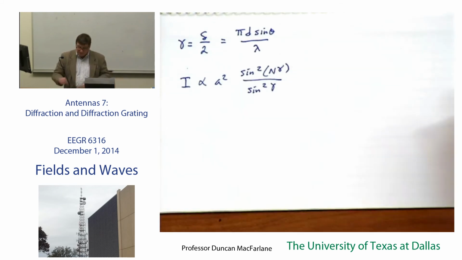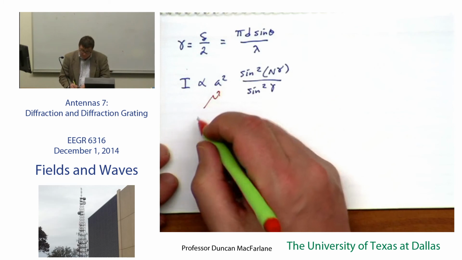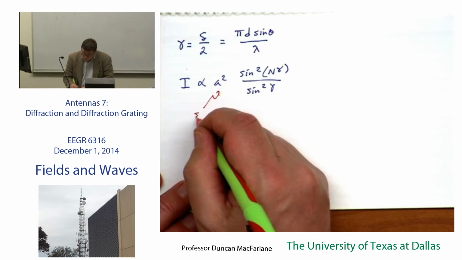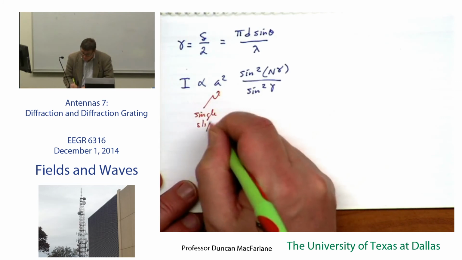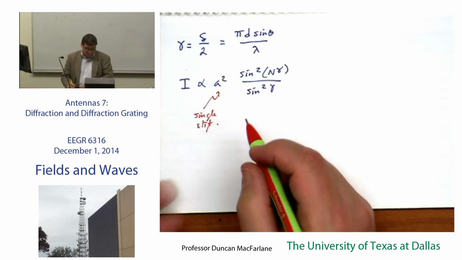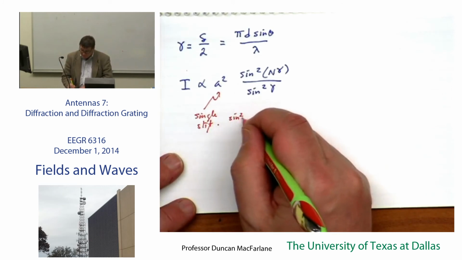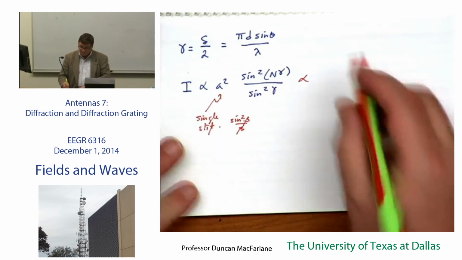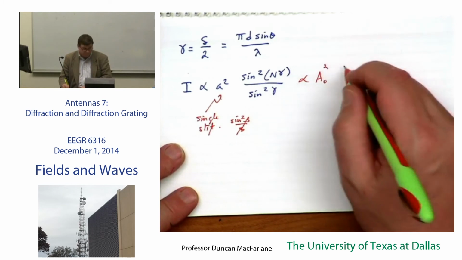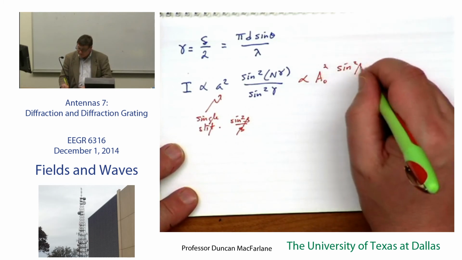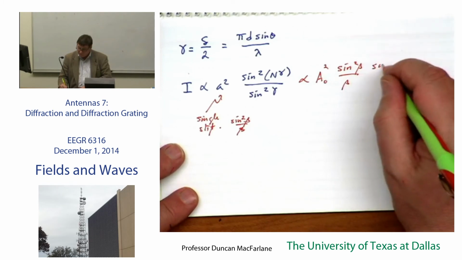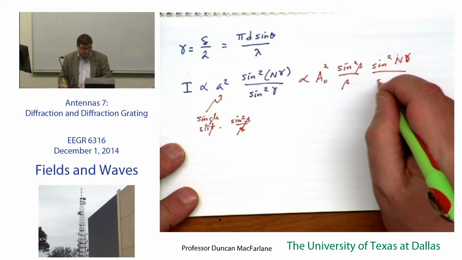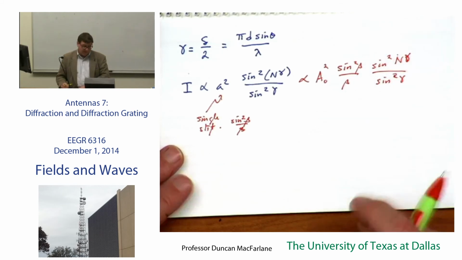Now, this amplitude function here is our single slit, and that's our sine squared beta over beta. So this is proportional to some amplitude times sine squared beta over beta times sine squared of n gamma over sine squared of gamma.